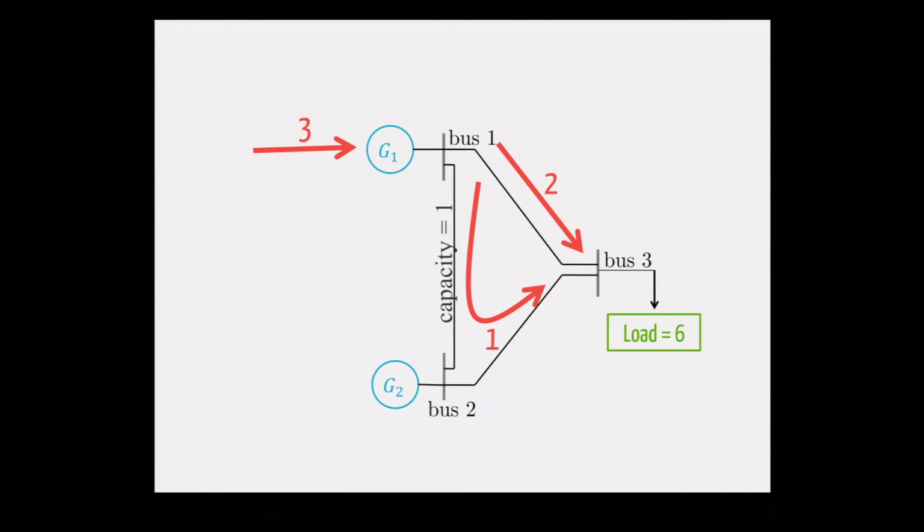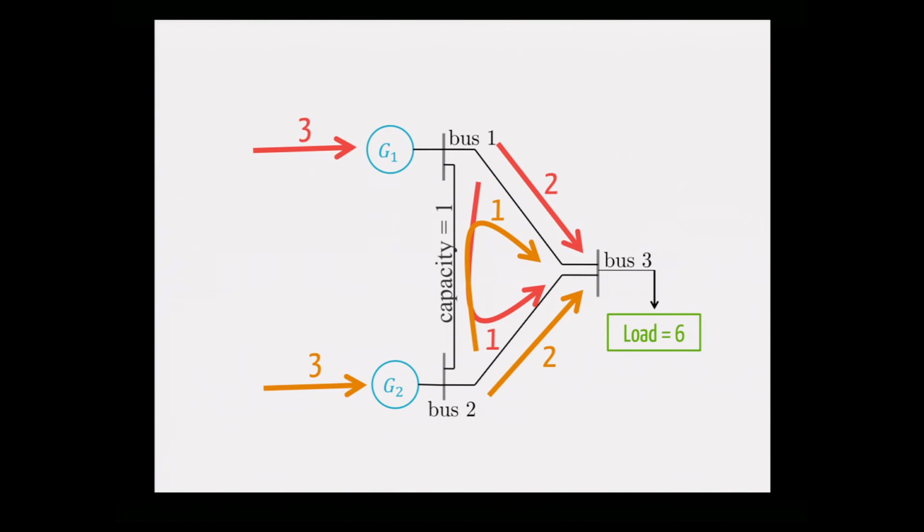But we have this capacity 1 here, which means that that's actually the most that this generator can send. So how do you get 6? Well, you have to depend on the other generator sending 3 as well. And so they'll get their 2 to 1 here. These cancel out. Now you're at 0 in this line. So you could satisfy way more than 6, but this will already get you to 6.